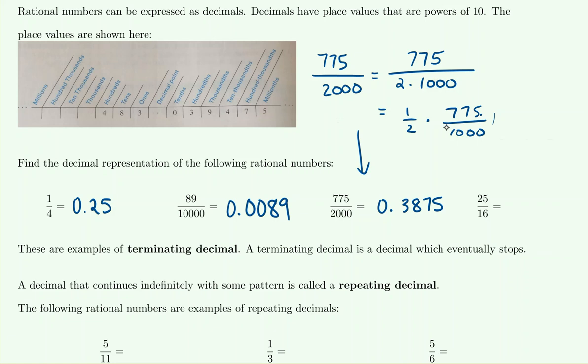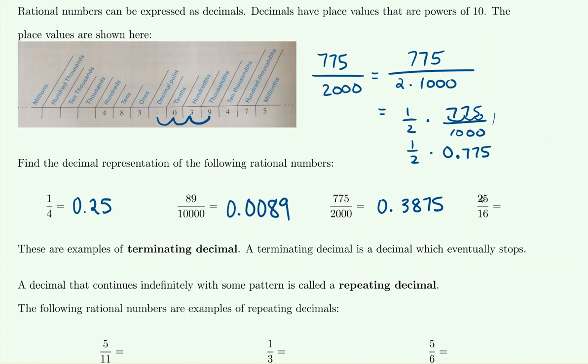We want to move it over to the thousandths place. That's 1 movement, 2 movements, 3 movements. So that's going to be 1/2 times 0.775. 1/2 times 0.775 would give us 0.3875.